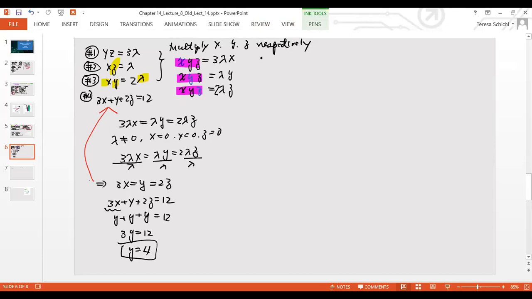If y equals 4, then 3x equals 4, so x is 4 over 3, and 2z equals 4, so z is 2.